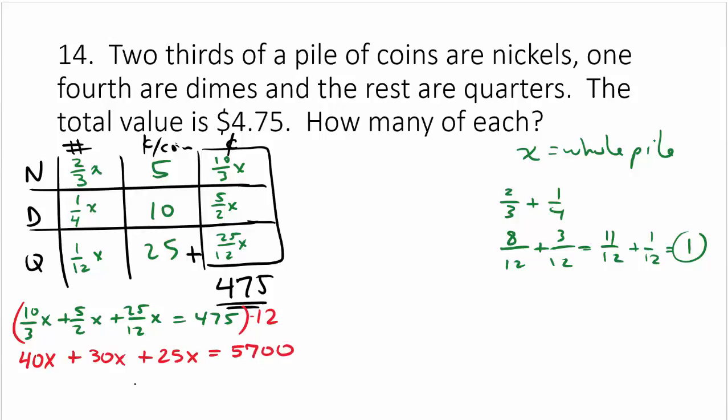So this total is 95x equals 5,700. Divide, and x equals 60. Now I'm just going to plug it in to see how much of each I have. 2/3 of 60 is 40. So I have 40 nickels. 1/4 of 60 is 15. So I have 15 dimes. And 1/12 of 60 is 5. So that's how many of each I have.